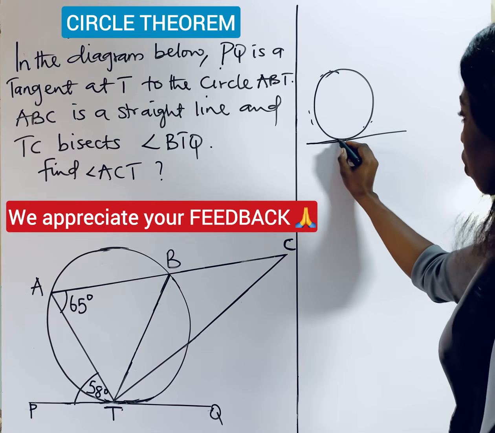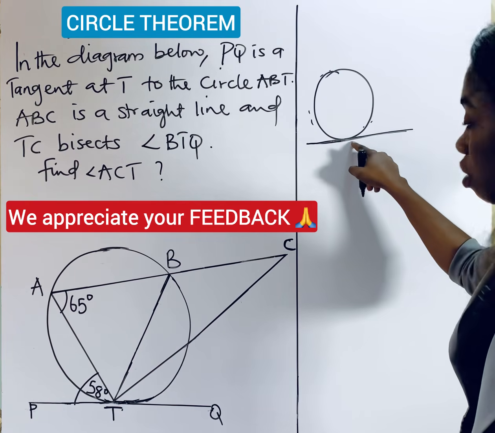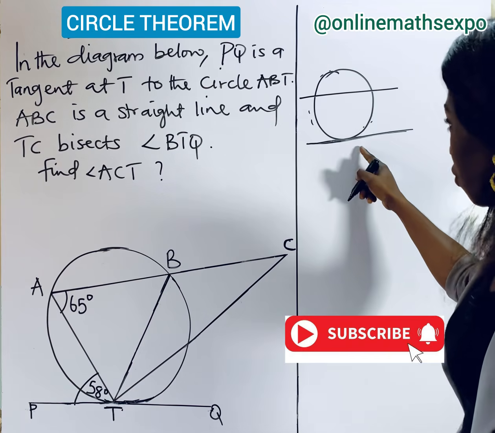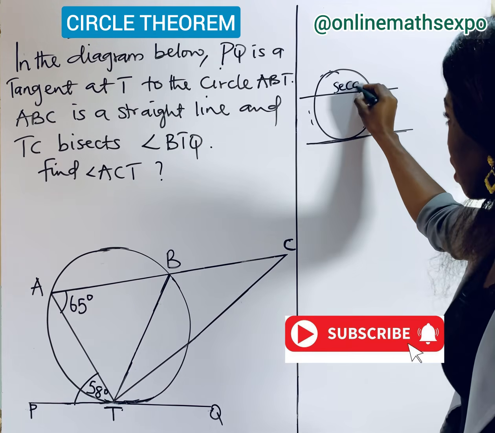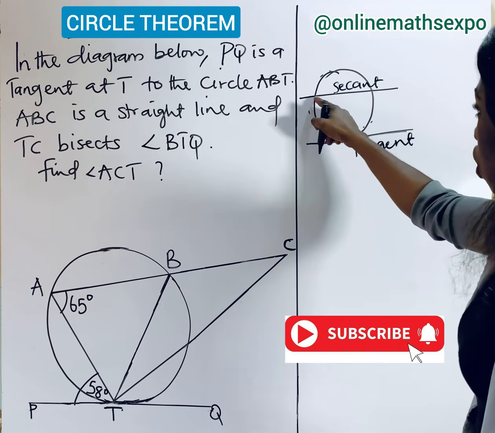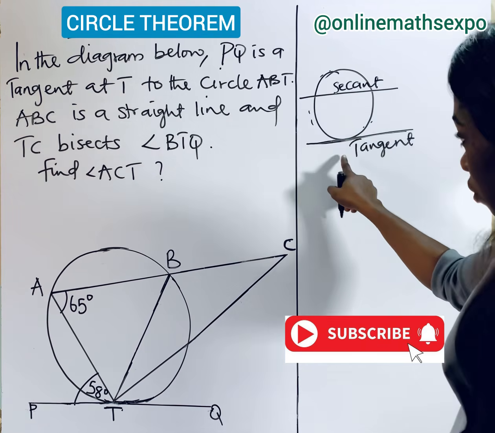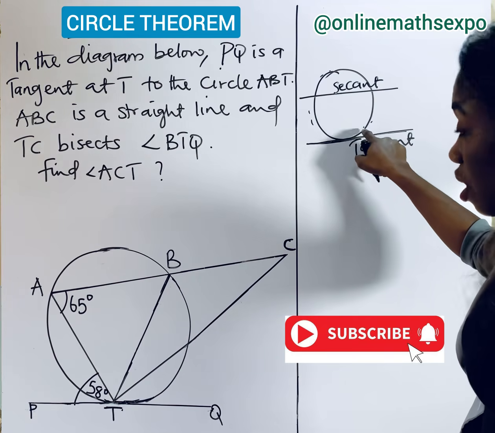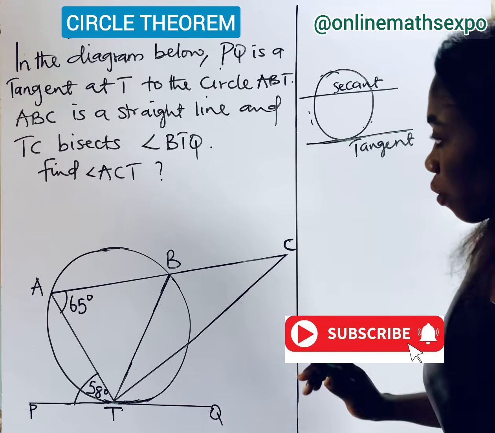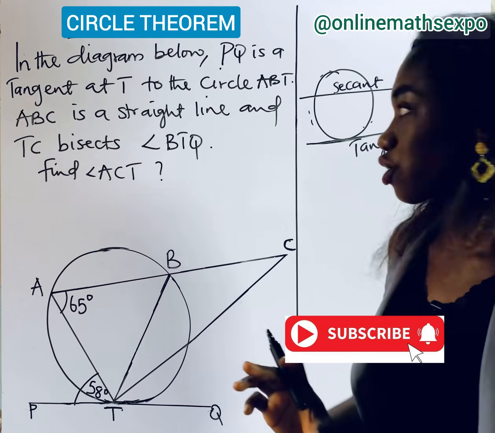So this line touches the circumference at a point, but does not cut through it. Watch this. This is different from this. We call this a secant, and this one is what we call a tangent. This one cuts at 2 points, which is different from this, which is at 1 point but does not even cut the circumference. It touches it. Now that you've understood that, let's go back to the question.